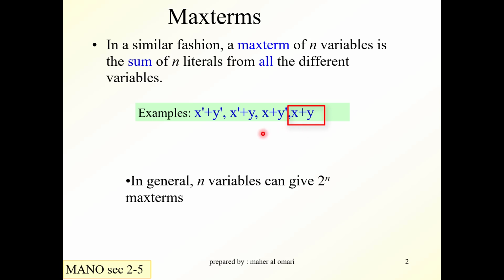So we can have four sum terms. Each of these sum terms is called a max term. So a max term is a sum term that contains all the variables in the expression.